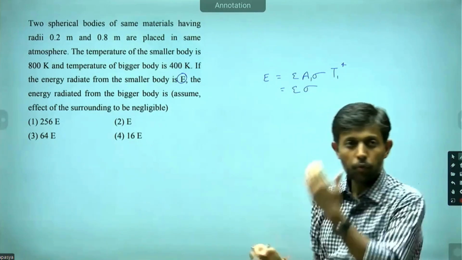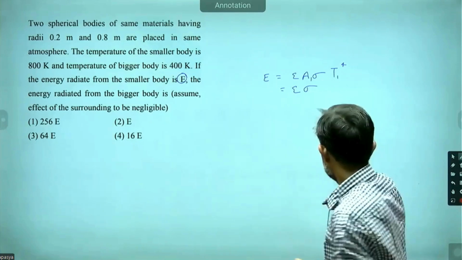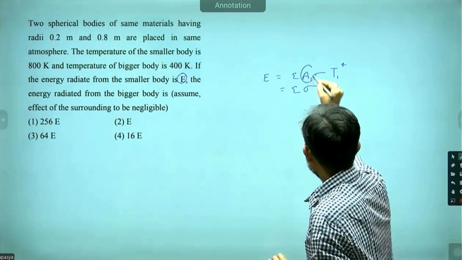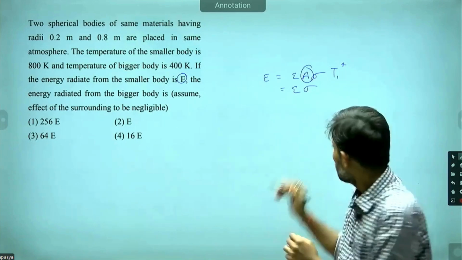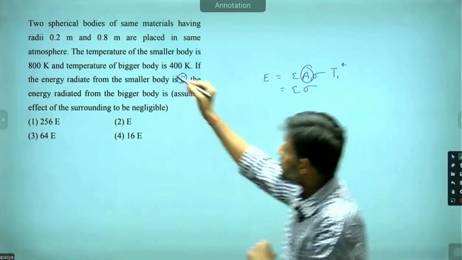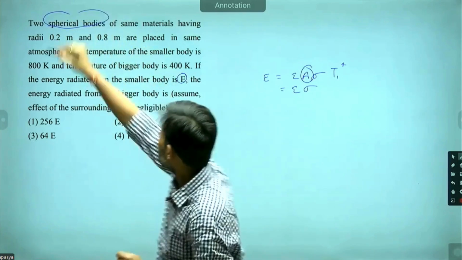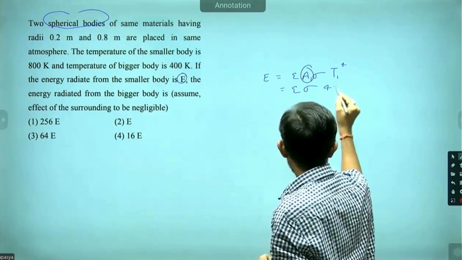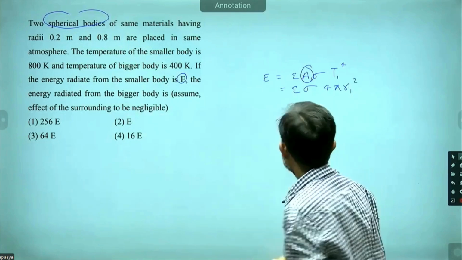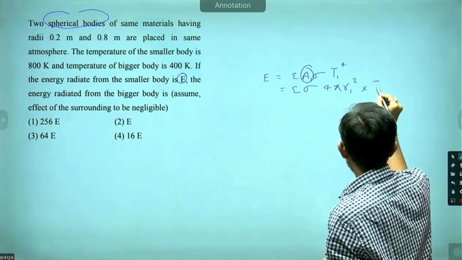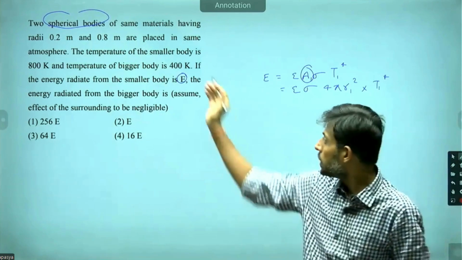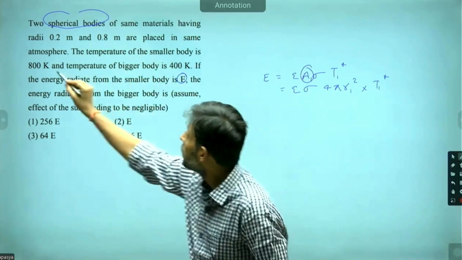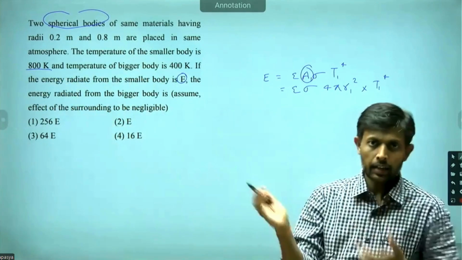Sigma is the same for both bodies, so we'll just keep the symbols. A1 is the outer surface area. Since it is a spherical body, it's going to be 4 pi r squared. So 4 pi r1 whole squared into T1 to the power 4. We know T1 is 800 Kelvin; we'll put that in later, okay?